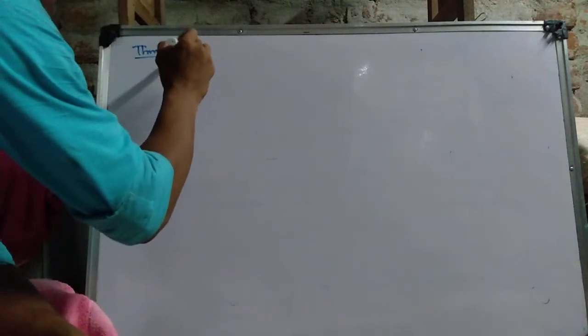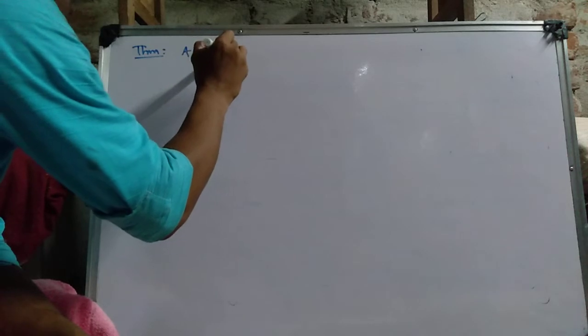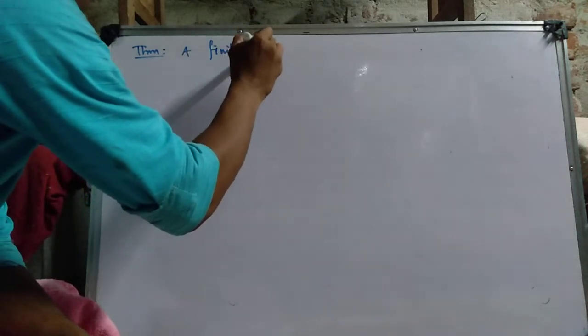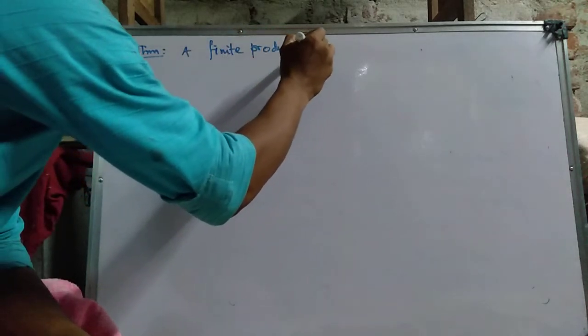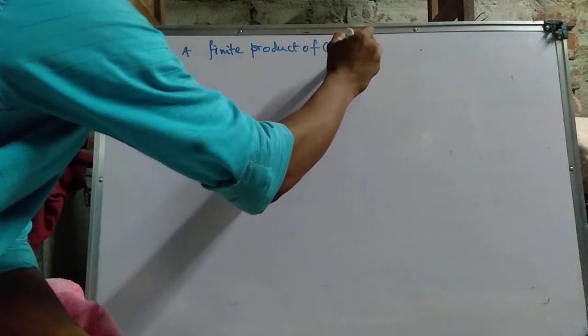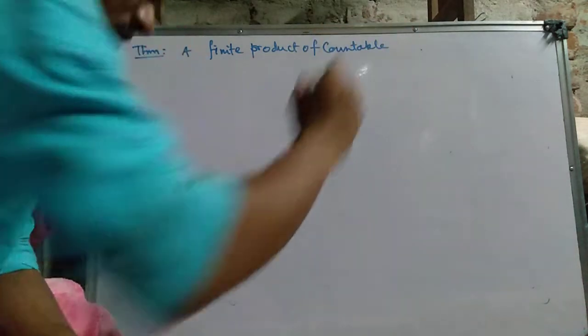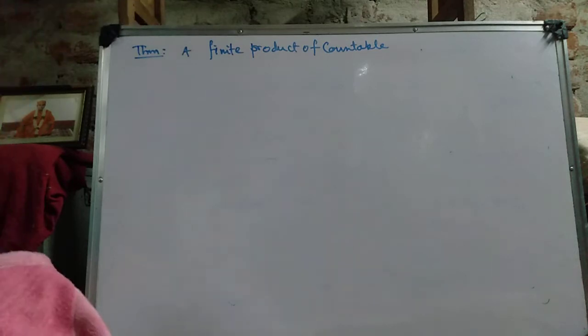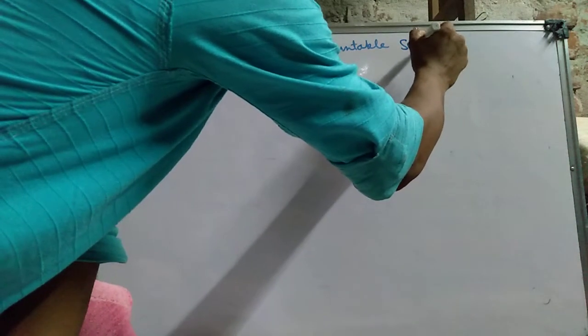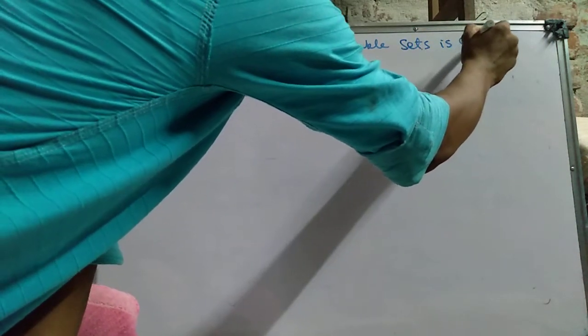Now a finite product of countable sets is countable. Okay, now we prove the theorem: a finite product of countable sets is countable.